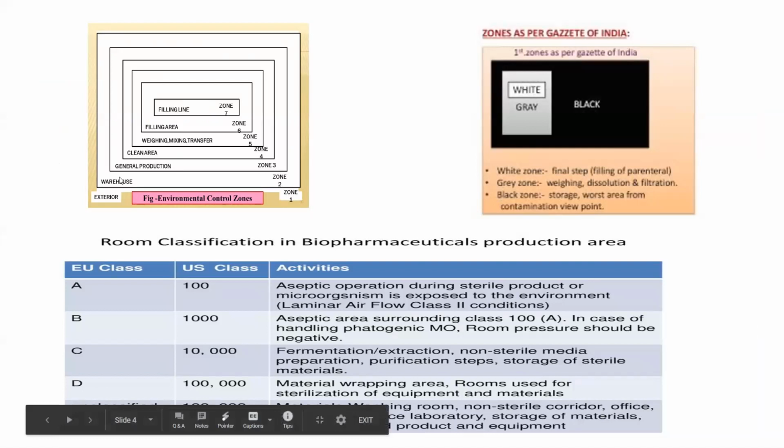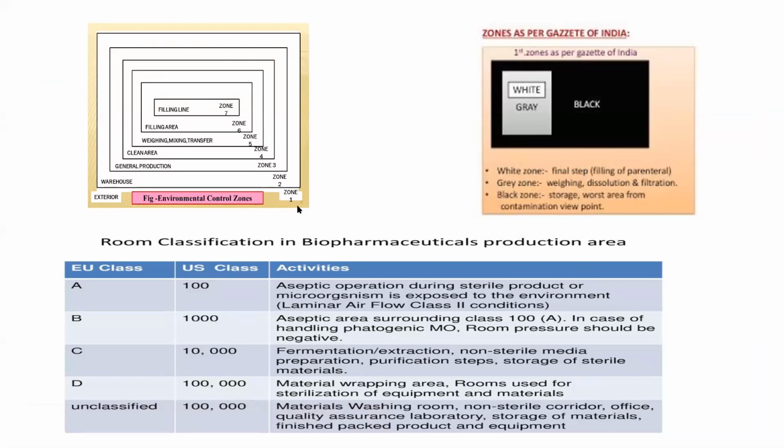So if you see the very first diagram, we have 7 environment zones starting from 1, the most exterior place, to 7, which is the most interior place. And as we progress from 1 to 7, the quality control of air becomes more stringent. So this is zone 1, which is the extreme exterior of the aseptic area.